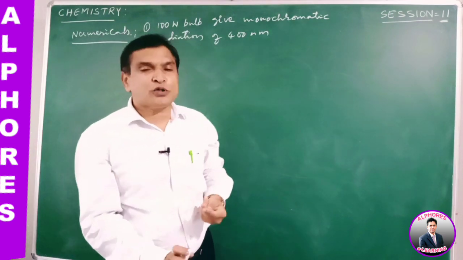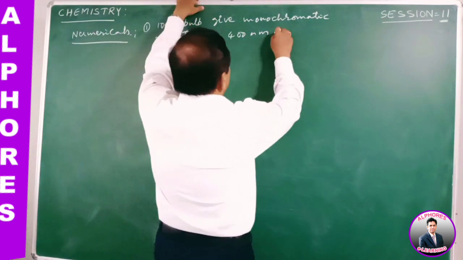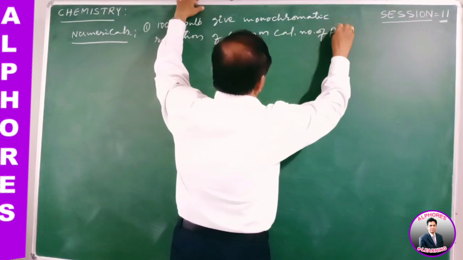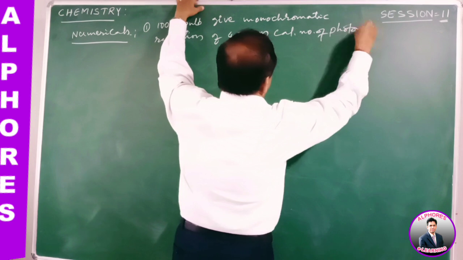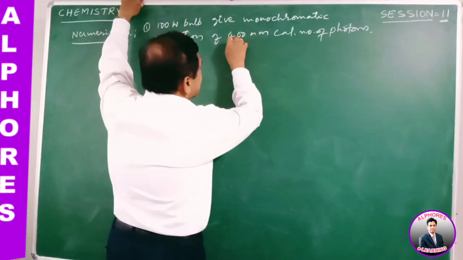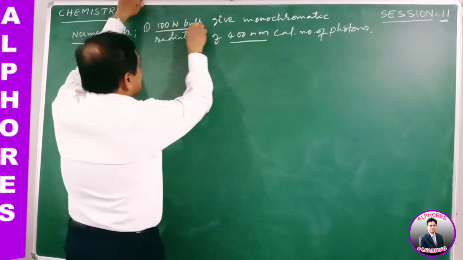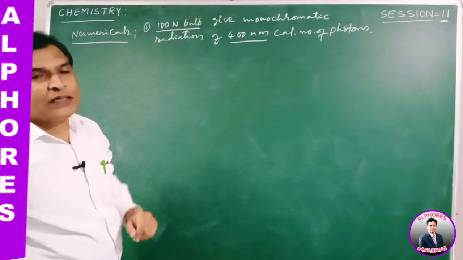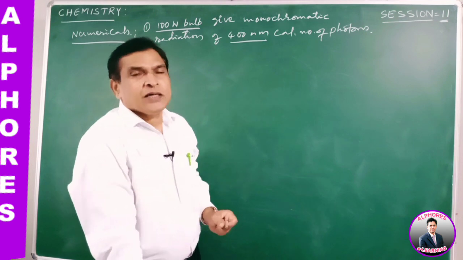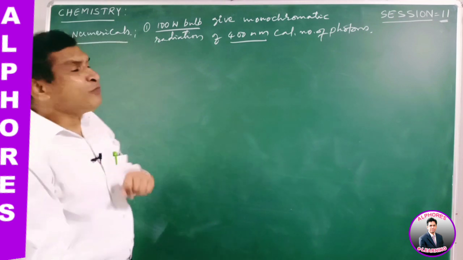Calculate the number of photons. So wavelength is available and energy is also available. We have to calculate the number of photons. First, calculate the energy of one photon.